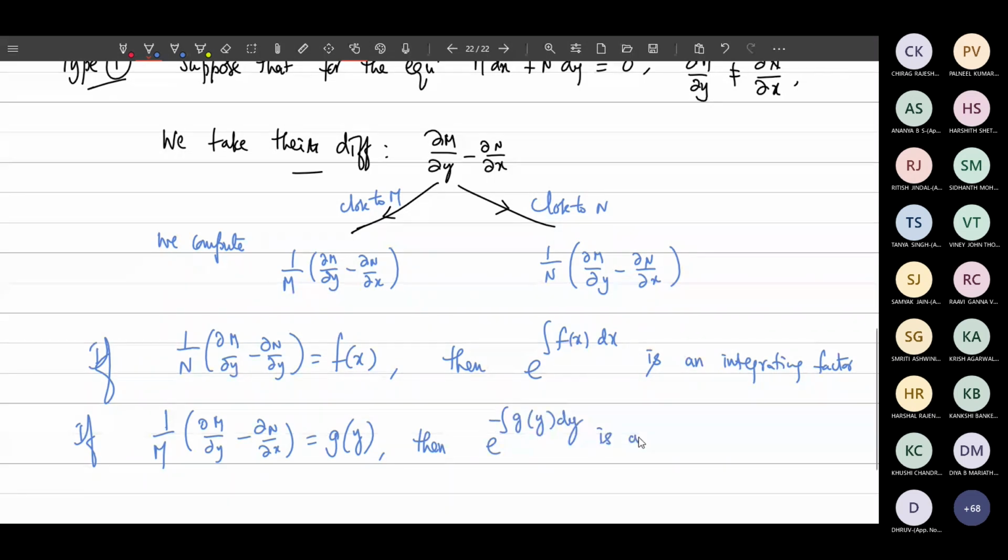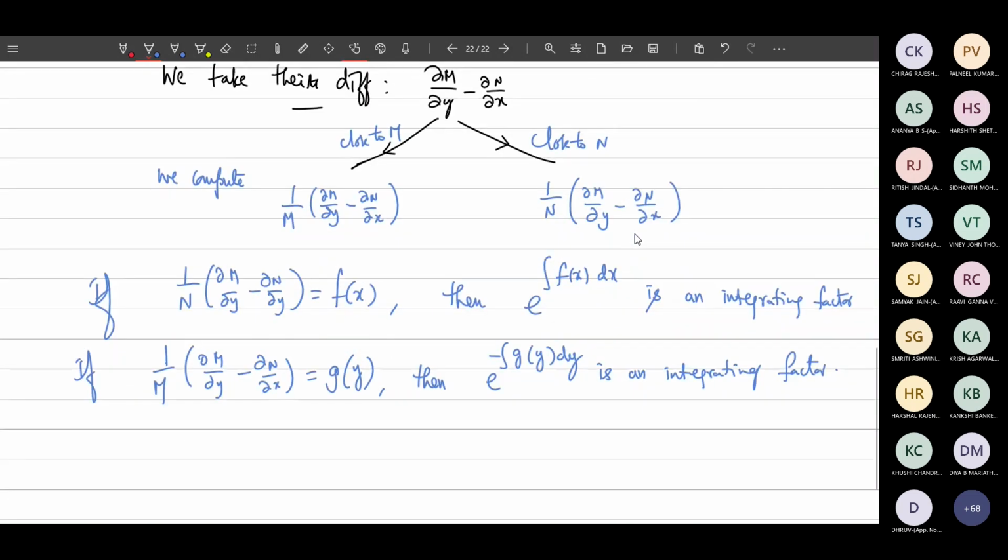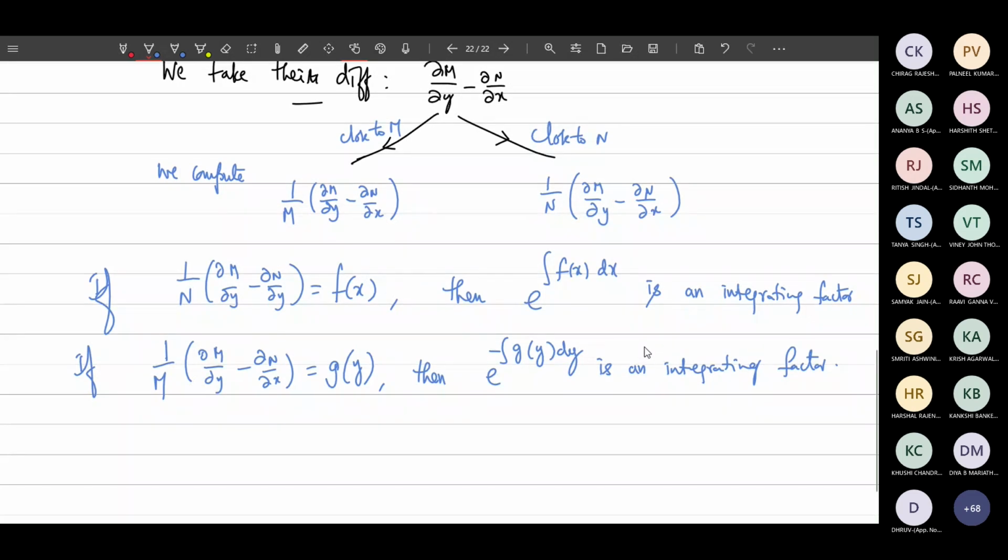How this happens, in what different situations this can occur in two different ways, I will show in the example. But note that it is very important: everybody knows e power log x is x, and e power n log x is x power n. These two are very clear.